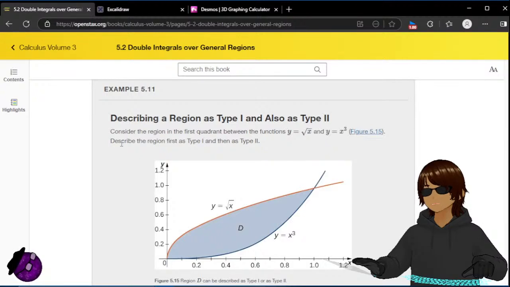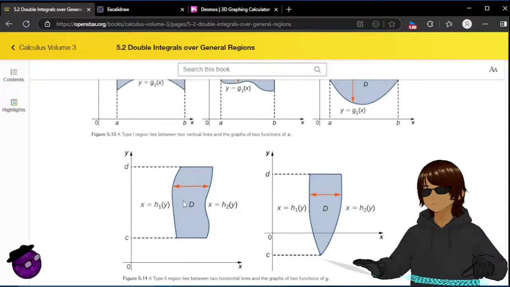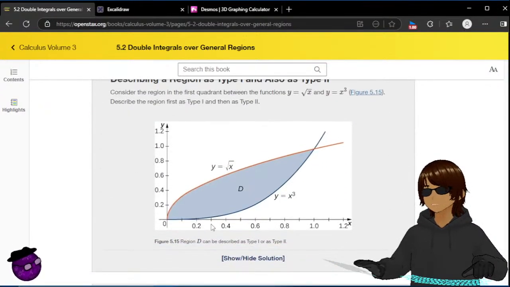Consider the region in the first quadrant between the functions y equals root x and y equals x cubed. Describe the region first as type 1 and then as type 2. So for type 1, we take the point where they intersect.